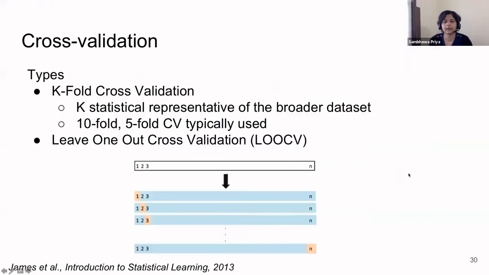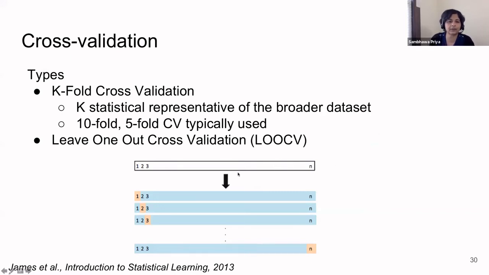There are different ways to do cross validation. We have k-fold cross validation, which I was just talking about, where the k folds are statistically representative of the broader data set. Your k can be 10 or 5, so it's called 10-fold or 5-fold cross validation. These are typical numbers. Another popular one is leave-one-out cross validation. This approach leaves one data point out of the training data.